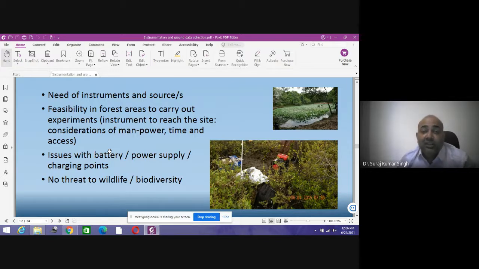Otherwise they can snatch your instruments, they can tear your maps and the data sets. In the same way, once we went into the field, many times the people feel like you are a person related to some road survey or tower survey.